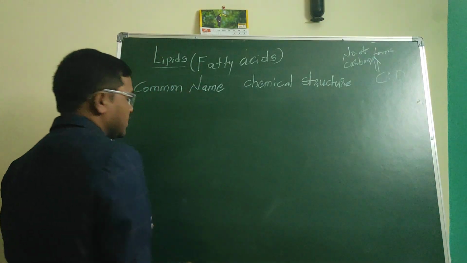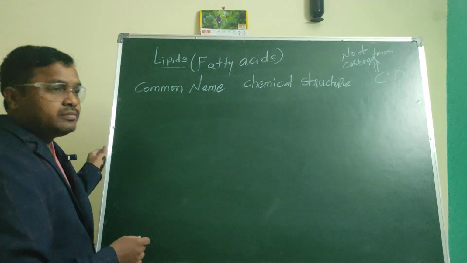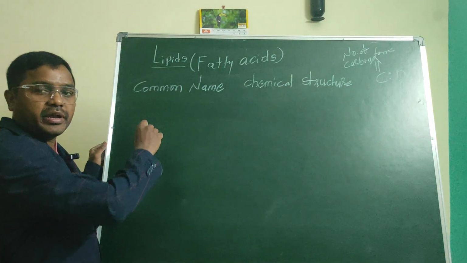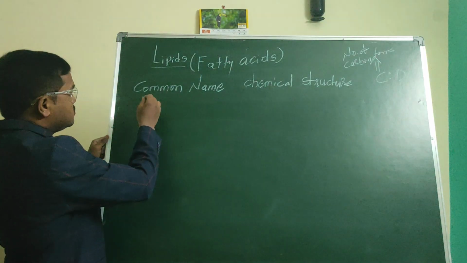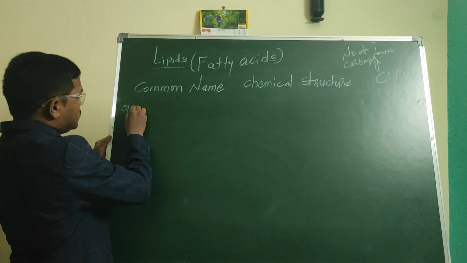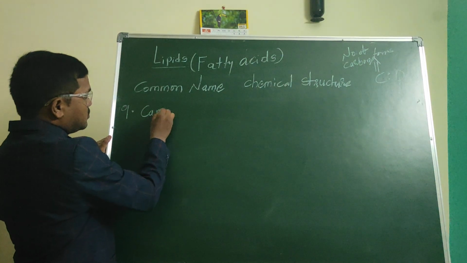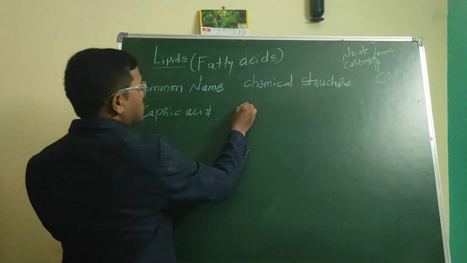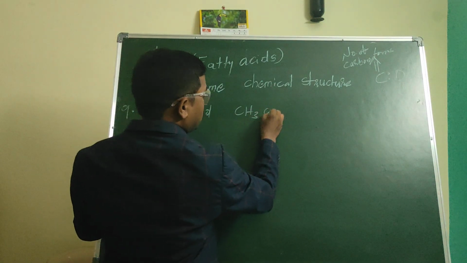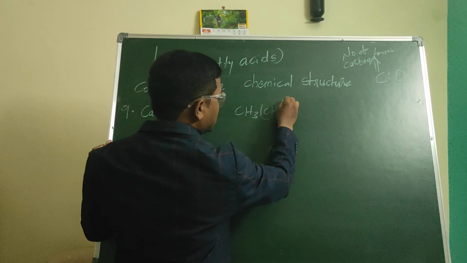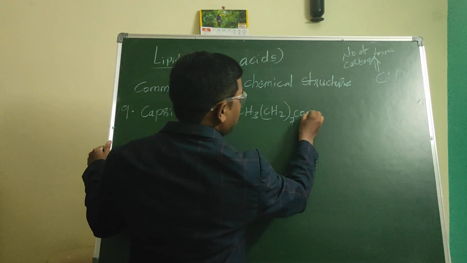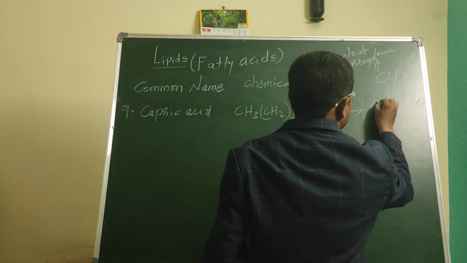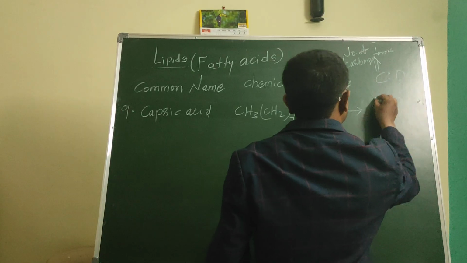Next, capric acid, CH3(CH2)7COOH. Number of carbon atoms is 9 and number of double bonds is 0.